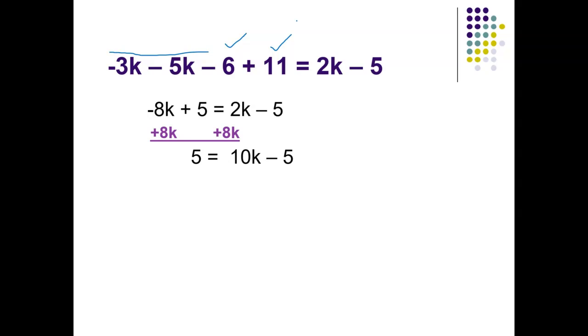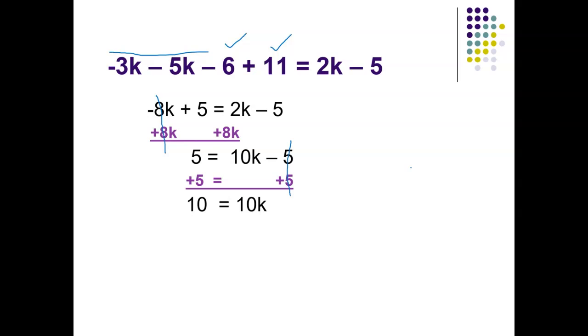Now I will try to make 10k isolated, which means I need to get rid of the negative 5. The opposite of negative 5 is positive 5, so I will add positive 5 to both sides. This way I will get 10 equals 10k, because negative 5 and positive 5 get cancelled. So that's how I get 10 equals 10k, and negative 8k and 8k were cancelled.